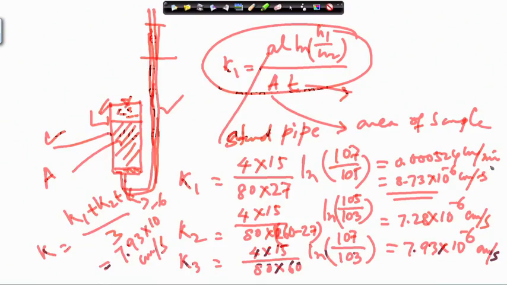If I do that, we will get the value of K. Since 3 sets of observations are given, we can calculate 3 K values, and the average of these 3 can be reported as the recommended value of K.